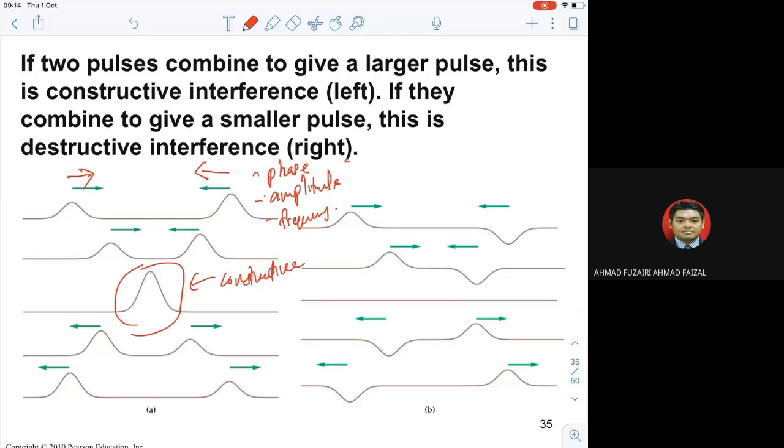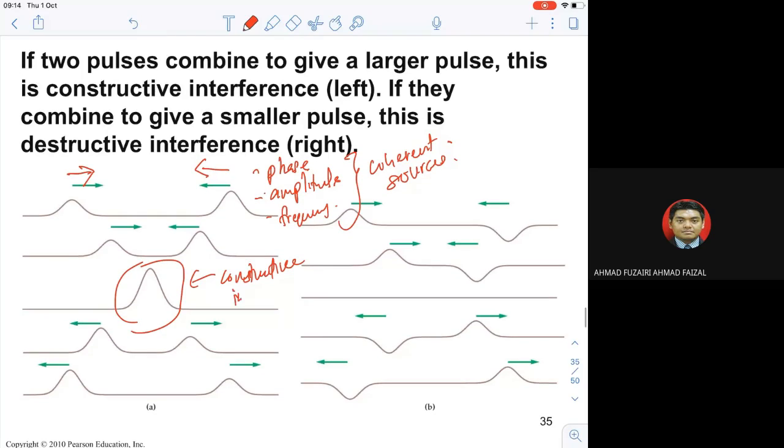These are what we call coherent sources. Maybe later you will learn about coherent sources, but these should be the conditions for getting constructive interference.